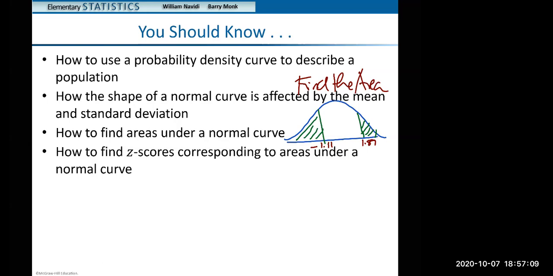I can't see the numbers. What are they? Oh, negative 1.11 and 1.89.